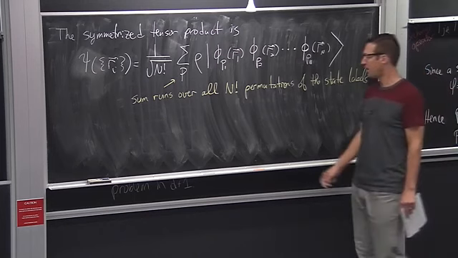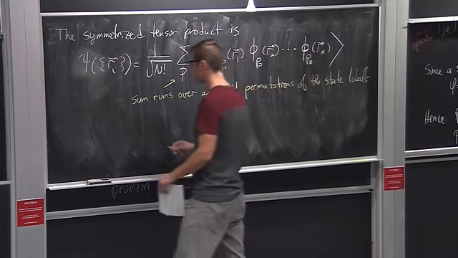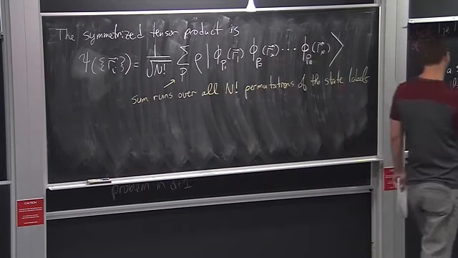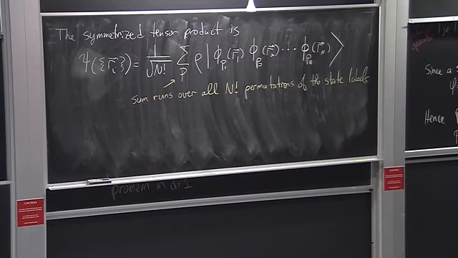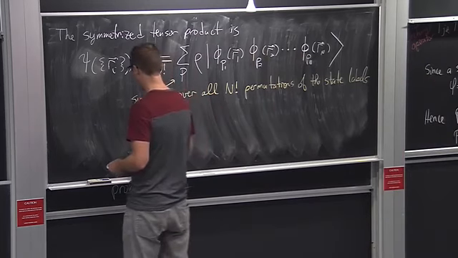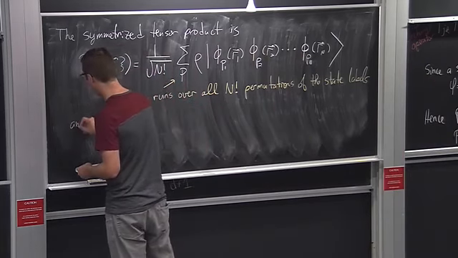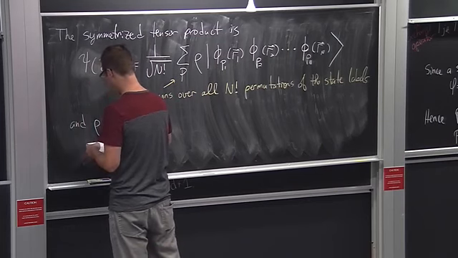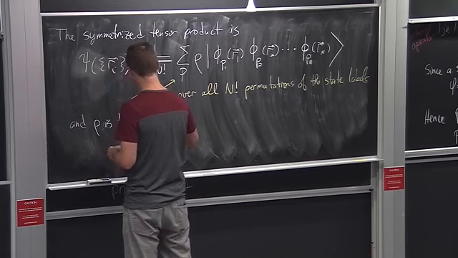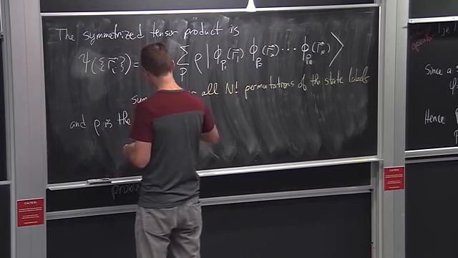What's the rho there? Rho is what tells you whether you have even or odd symmetry under the permutations. I'll say rho is the sign of the permutation.